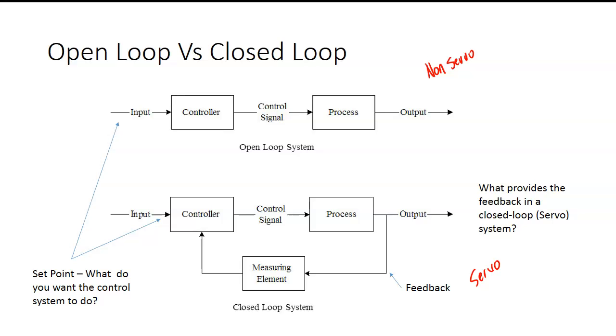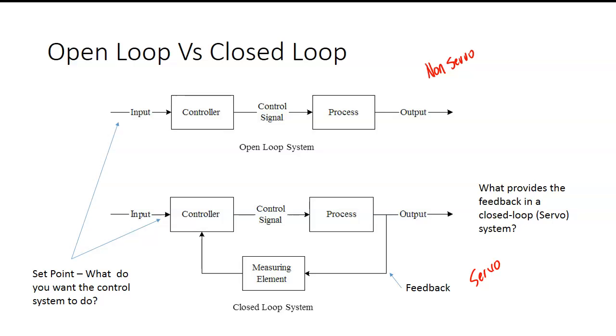But we could make it a closed loop system because we're going to be the feedback, right? But if there's nobody in there, if you weren't looking at it, you would take for granted that it was done. A closed loop system or a servo system, we tell it to do something, then we verify that it's done.